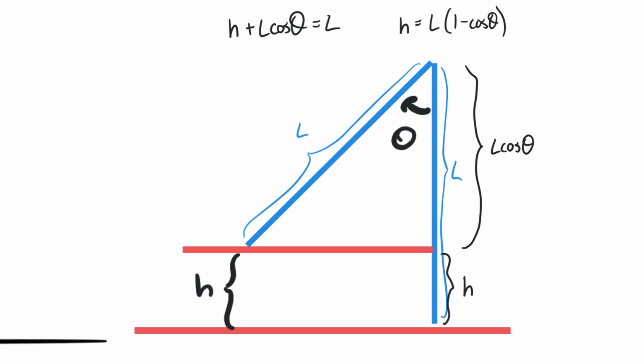Commit that to memory. It shows up a lot, and you can see why I would expect you to see where this comes from. If you pull something like this to the side, that's the height in terms of the length of the string and the angle. You don't want to have to prove this to yourself every time. Any question about that? All right.